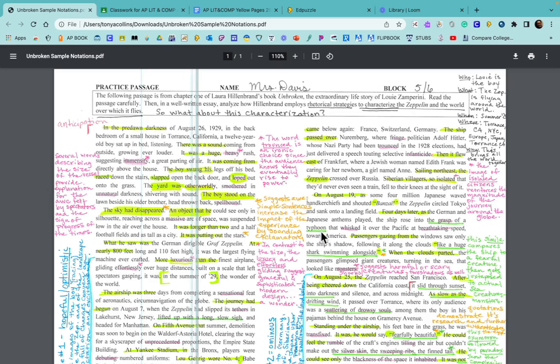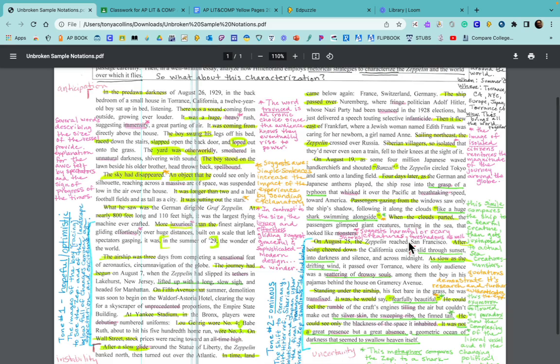Let's look at green, which is for rhetorical strategies and narrative strategies, i.e., figurative language. The student uses several examples of narrative strategies.